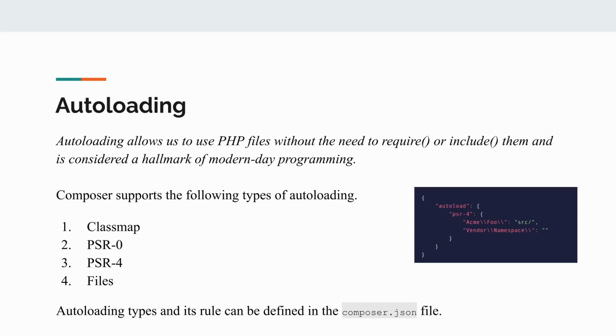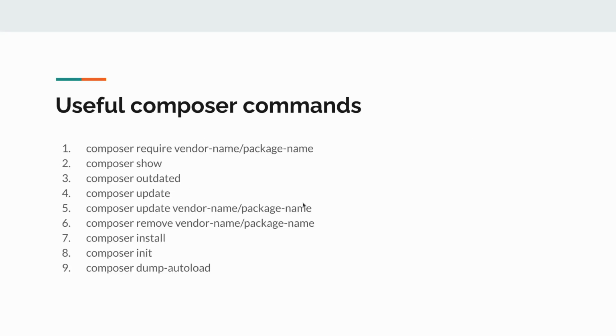So autoloading, as shown here, would again be done in the composer.json file. Some very quick but useful commands for running Composer would be composer require and the vendor name/package name.